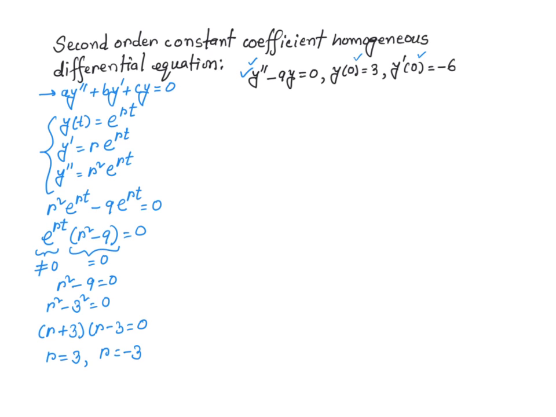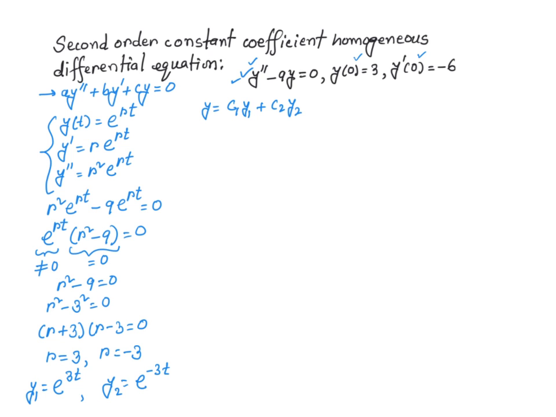So the family of solutions for this equation is going to be y is equal to c1 y1 plus c2 y2, and y1 is going to be, by the way, e to the power 3t, and let's say y2 is equal to e to the power negative 3t.